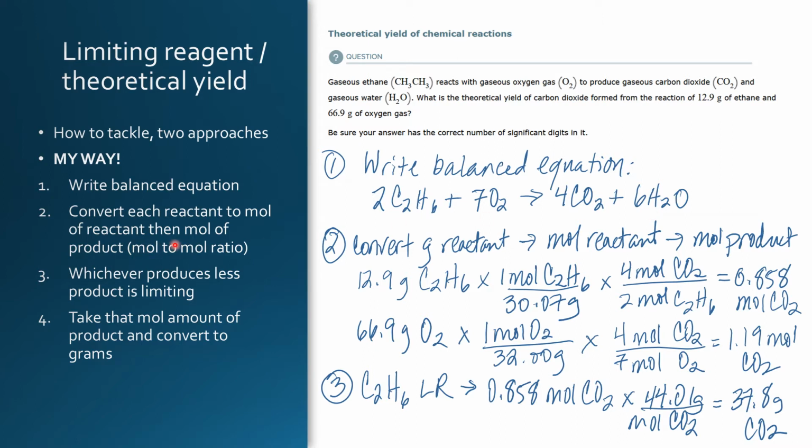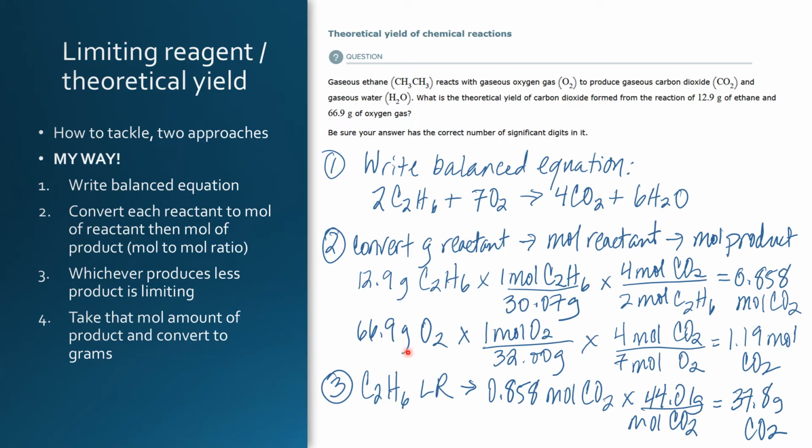In step 2, we take each gram amount of reactant. Grams of ethane divided by its molar mass gives moles of ethane. Then we use the mole to mole ratio between carbon dioxide, our product, and ethane, our reactant, to find out that the most product this could possibly produce is 0.858 mole of CO2.